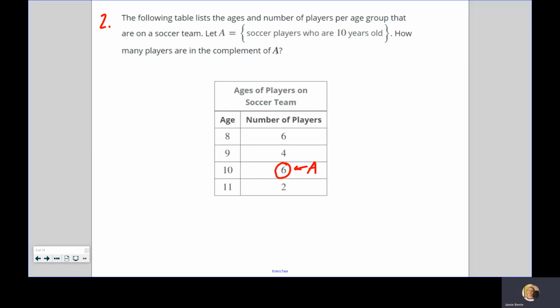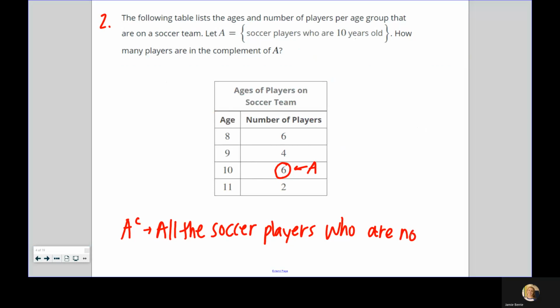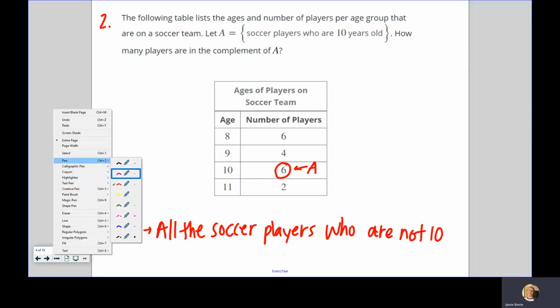It says how many players are in the complement of A? All right, so A complement would be all the soccer players who are not 10 years old. So all of the soccer players on our team who are not 10. We just look at our little table.